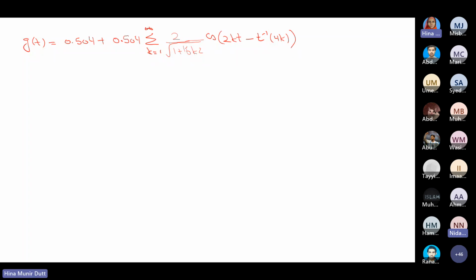So this is my compact form of the trigonometric Fourier series.